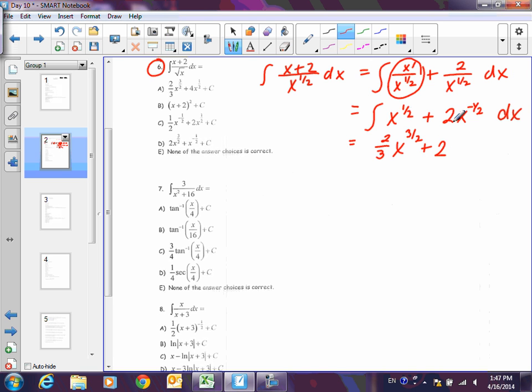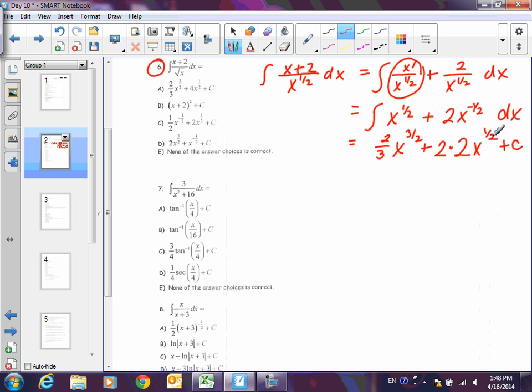All right, so I'm just going to put the 2 here. If you're not good with doing this in your head, just rewrite the number, leave a space, write your x, add 1 to the power, and then take the reciprocal of your new power and put it in front. It's the reciprocal of the new power.